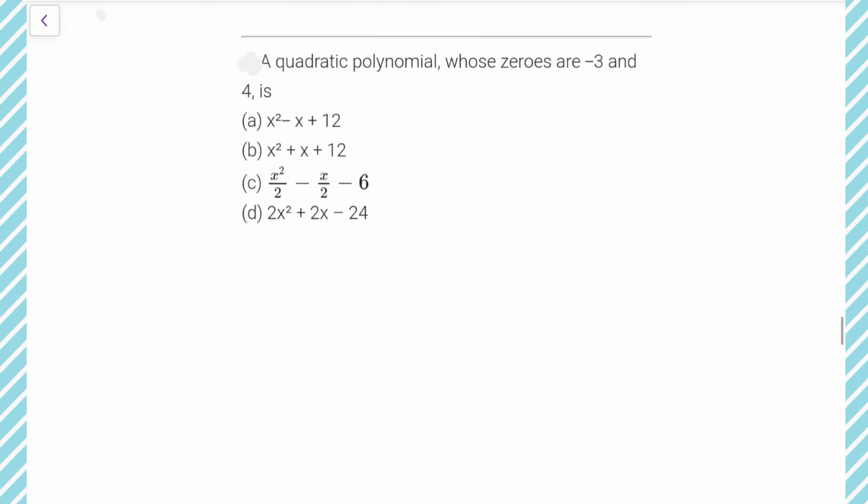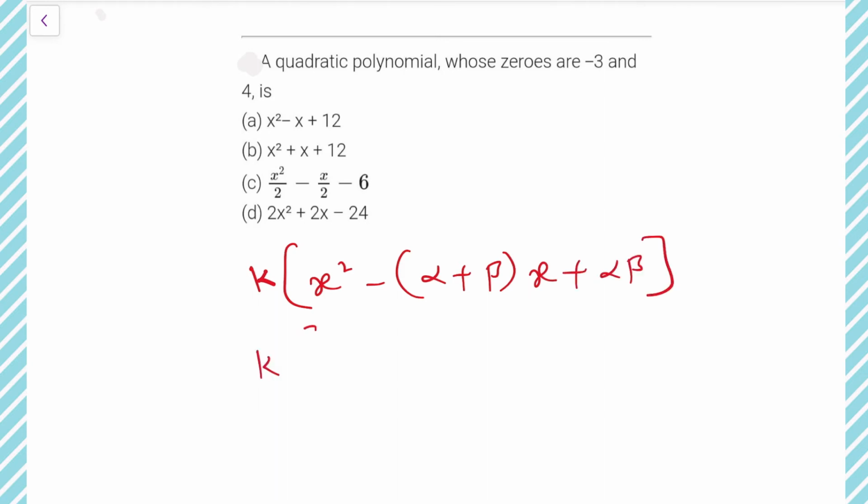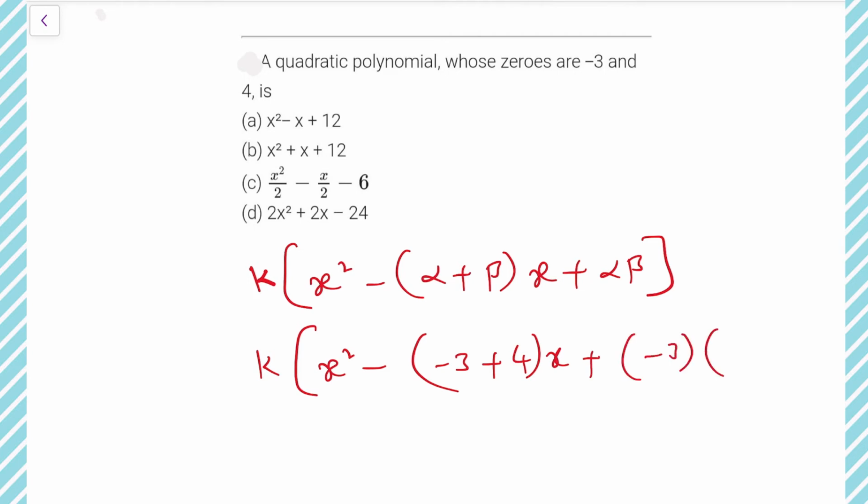Next, a quadratic polynomial whose zeros are minus 3 and 4. So the zeros are given as minus 3 and 4. By using the formula, we need to find the quadratic polynomial. The formula is k into x square minus (alpha plus beta) into x plus alpha beta. K as usual into x square minus (alpha is minus 3 plus beta is 4) into x plus alpha is minus 3 into beta is 4.